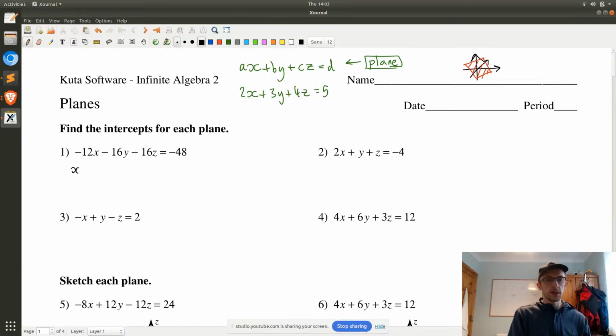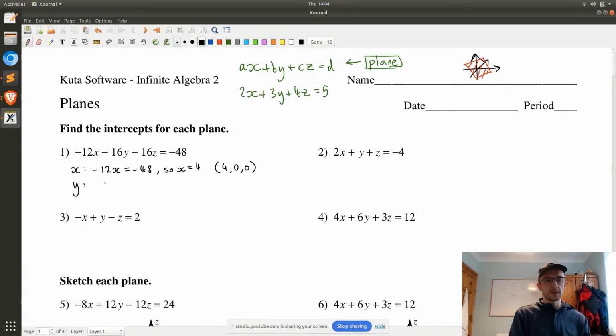So for x, negative 12x equals negative 48. So x is equal to 4. So the x-intercept is 4, and another way to put that is 4, 0, 0.